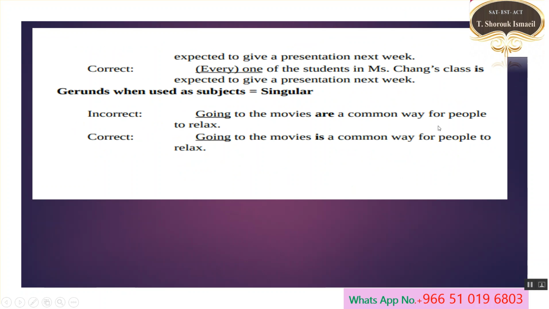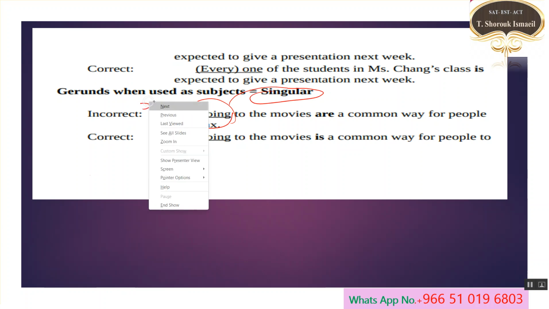Okay, here, if I have a subject which is a gerund, like here, what's a gerund? A verb that takes ing and makes us a noun. So this is a gerund. A gerund here is followed by a singular verb, because it's actually singular. So gerund in English is singular.